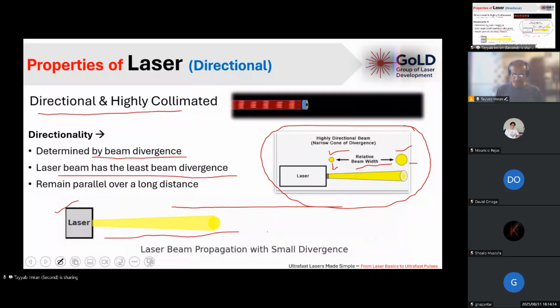In this animation, you can see that although the laser is diverging, it's much less than the white light. So how directional is it? We need some measurements to find out the divergence. That we will see in the next slide.